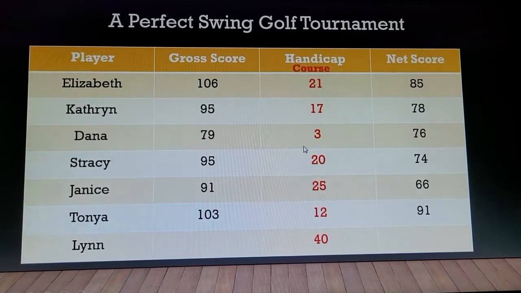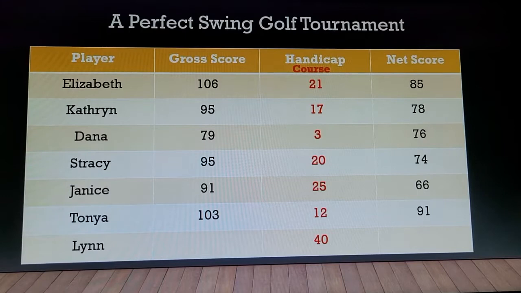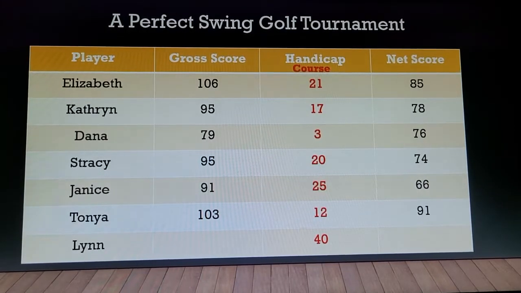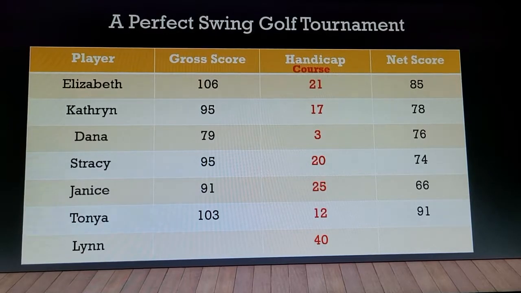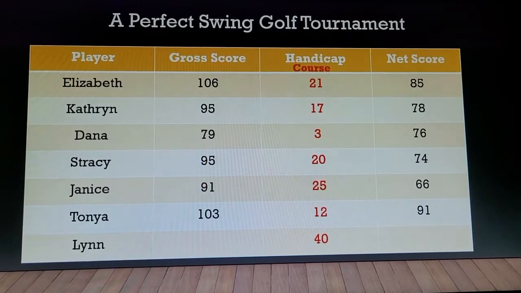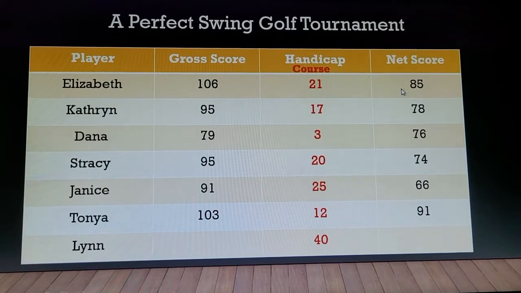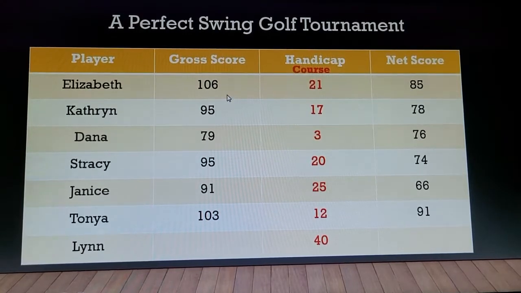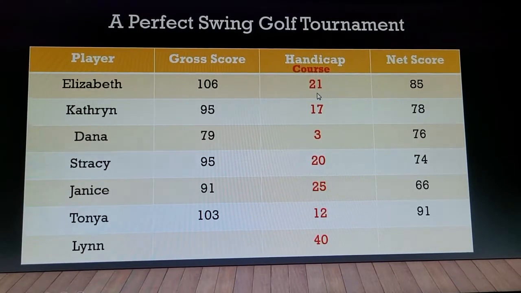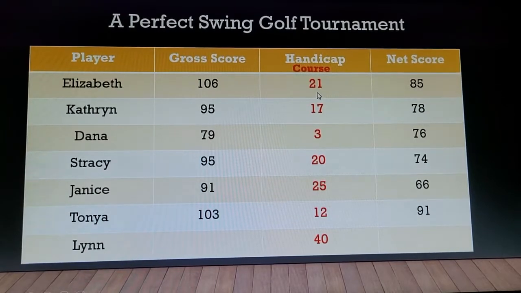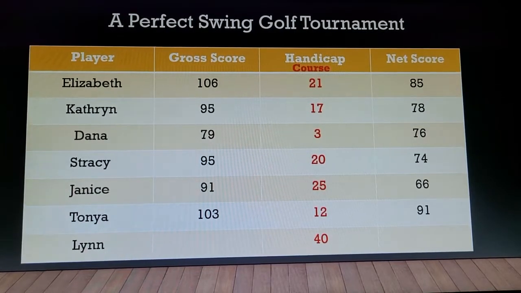So remember, this is not your handicap index, which we talked about before, that you see in your app, but this is actually the course handicap. And then in the far right column, we have the net score. To calculate your net score, you take your gross score and subtract the course handicap. That is the number of strokes that, based on that particular course, you will be allotted. That gives you your net score.